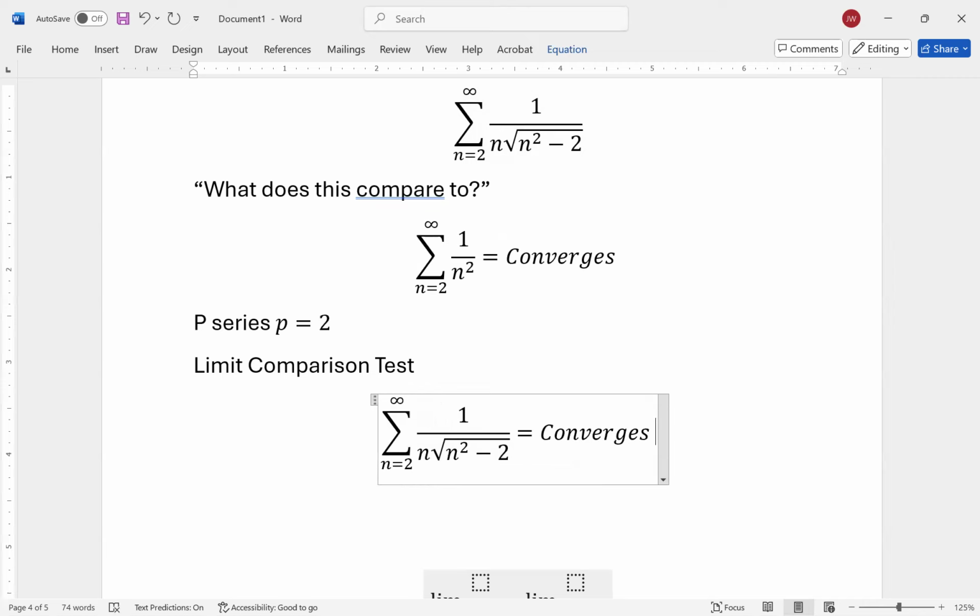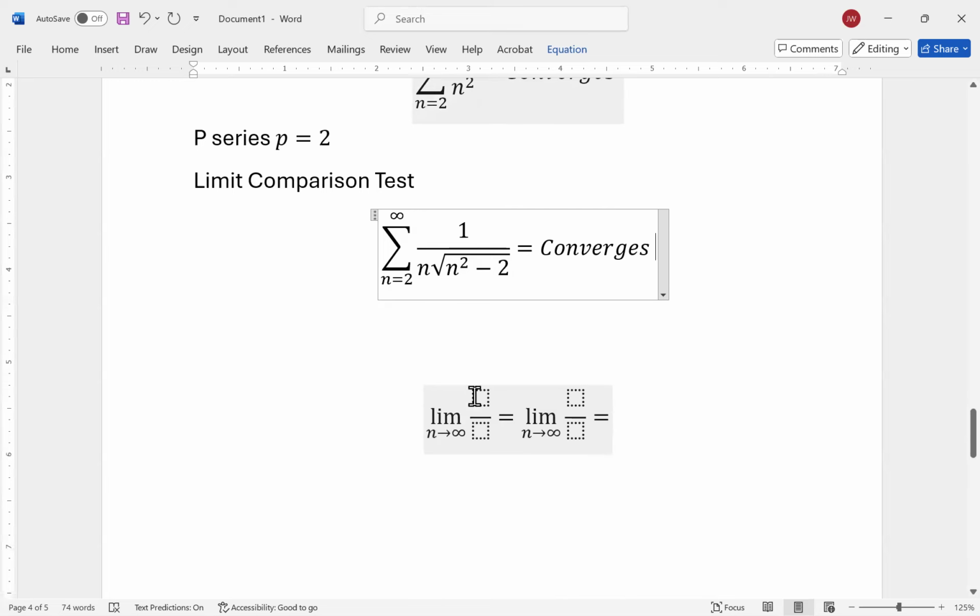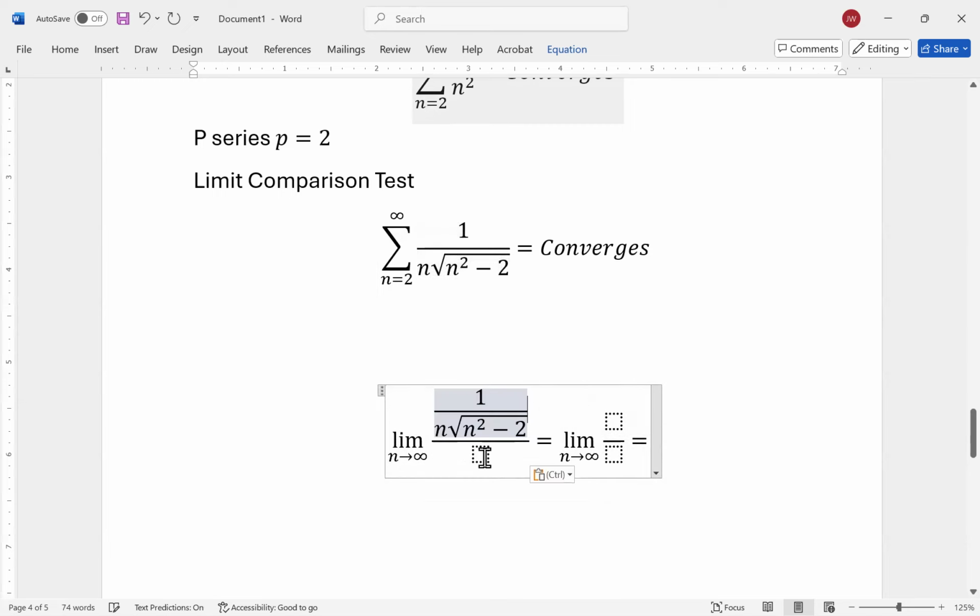Now, if I want to show that the limit of the terms is a non-zero real number, I can absolutely do that. I can take these terms, I'll put my given terms on top, and then 1 over n squared on bottom.